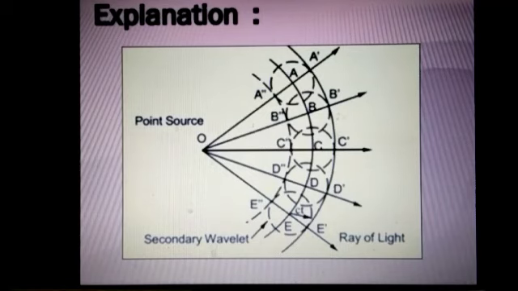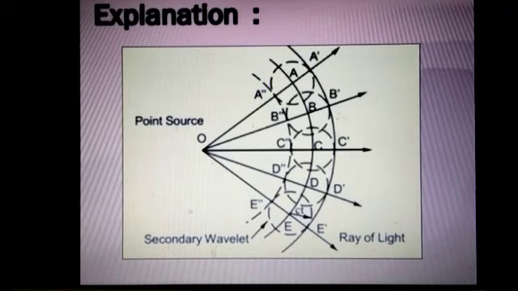In time delta t, light travels a distance c delta t. Taking points A, B, C, D, E as the centers, draw circles each of radius c delta t. These circles are called secondary wavelets originating from points on the primary wavefront.